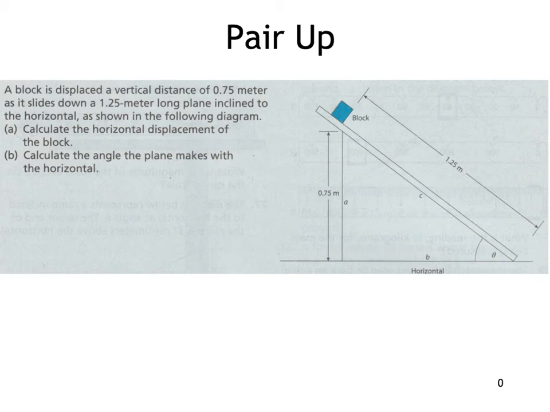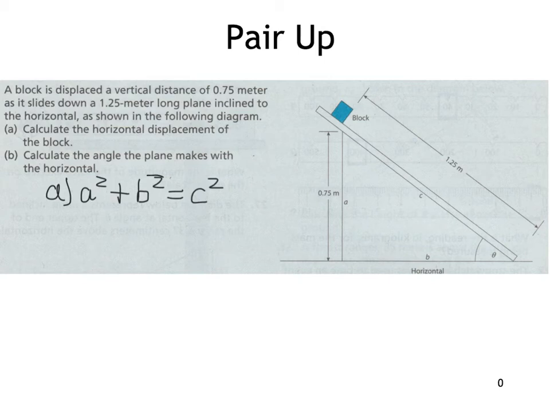So since I know the length of side A and the length of side C, I'm going to use the Pythagorean theorem to do part A, which is calculating the horizontal displacement. There's the Pythagorean theorem. I'll rearrange it if I need to now. Since I'm ultimately solving for B, I'm going to start to show that in my work now.